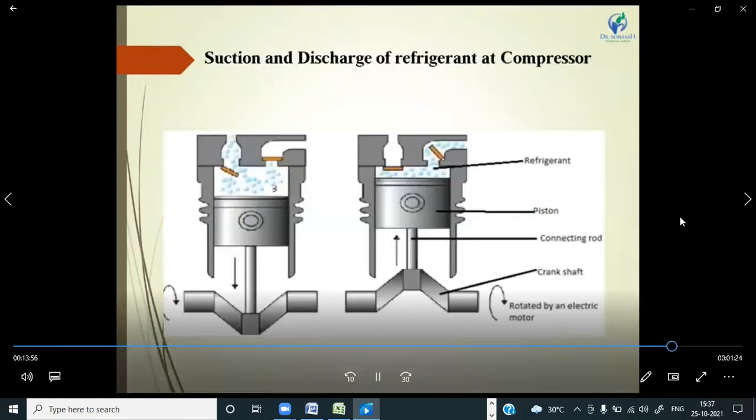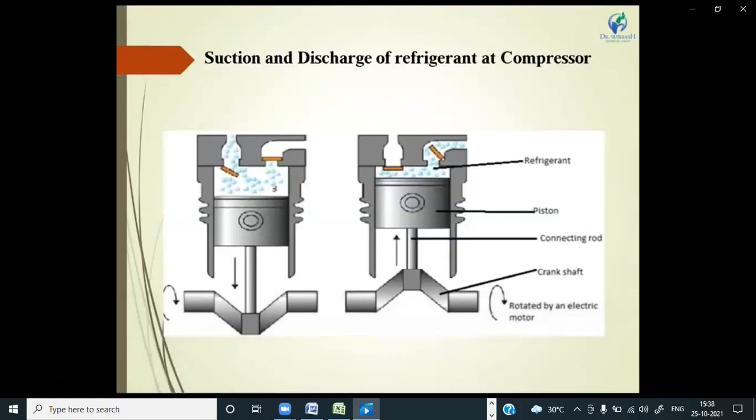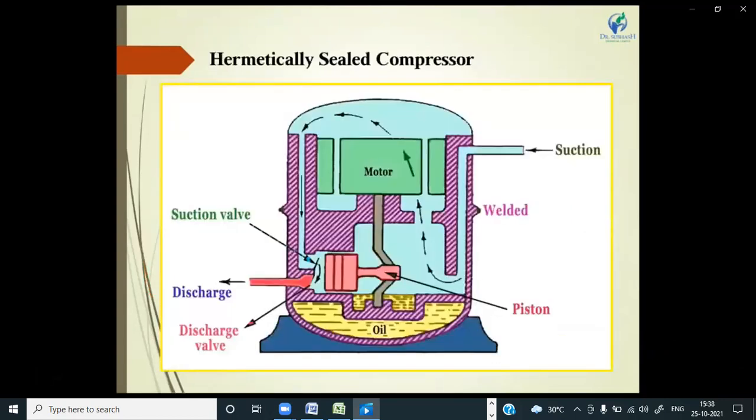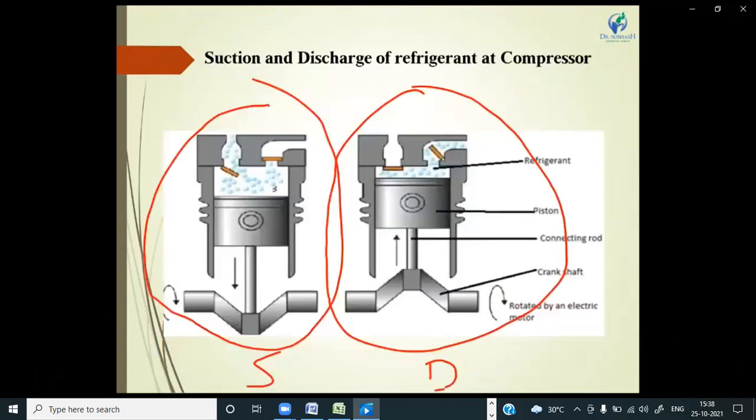This is the suction and discharge of the refrigerant air compressor. This assembled figure is 1 and 2. First is the suction and second is the discharge. We enlarge this figure to show the suction and discharge strokes in this view.